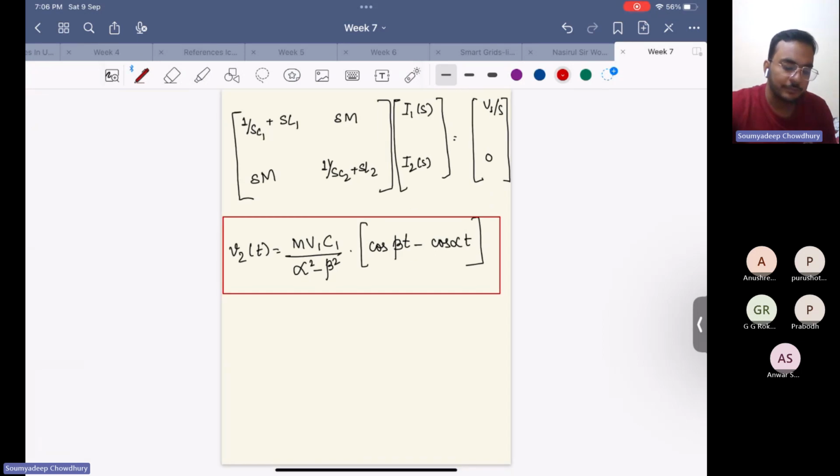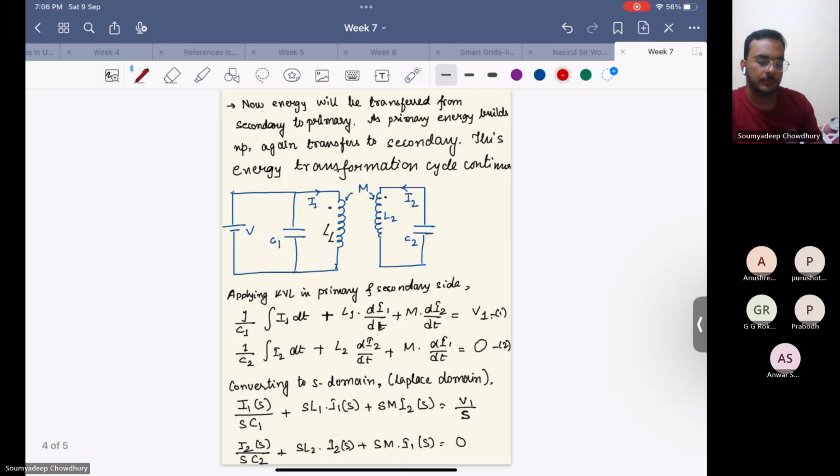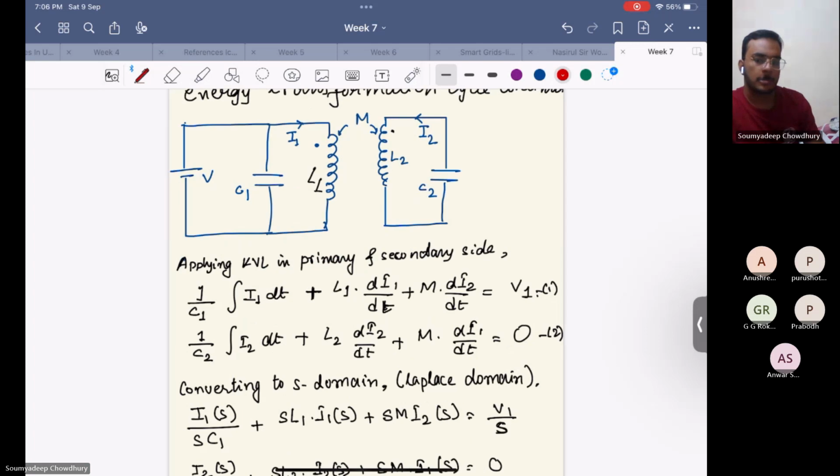Is it fine? Sir, can we just go to the last slide once, please? Yes. Any confusions? The first equation, what we have written in KVL format.